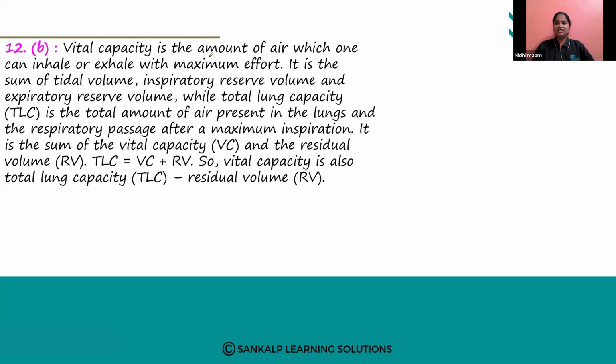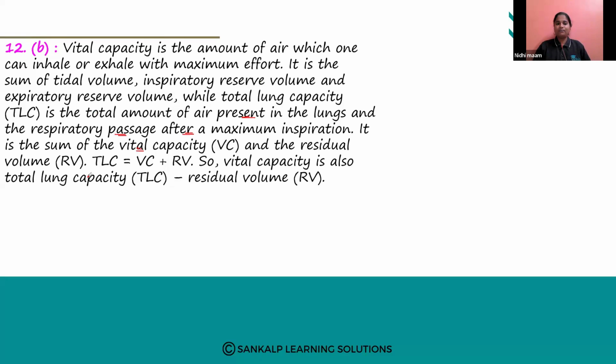So ಅದಕ್ಕೆ ನಾವೇನಂತ ಕರಿತೇವೆ? Vital capacity ಅಂತ ಕರಿತೇವೆ. ಹೌದಾ? It is the sum of tidal volume, inspiratory reserve volume and expiratory reserve volume. So while total lung capacity is the total amount of air present in the lungs and the respiratory passage after a maximum inspiration, it is the sum of vital capacity and residual volume.